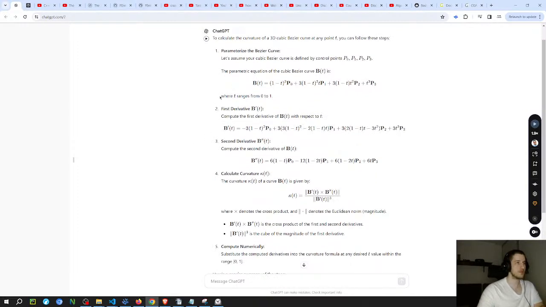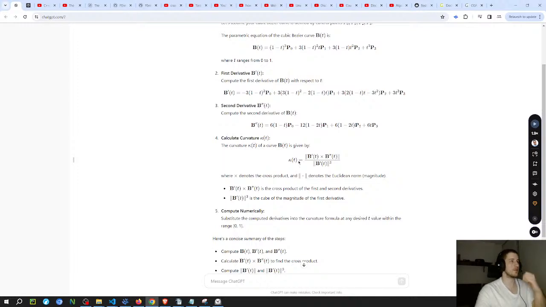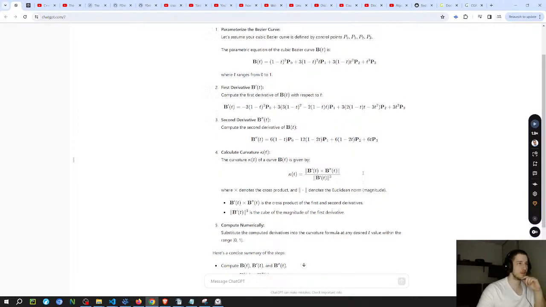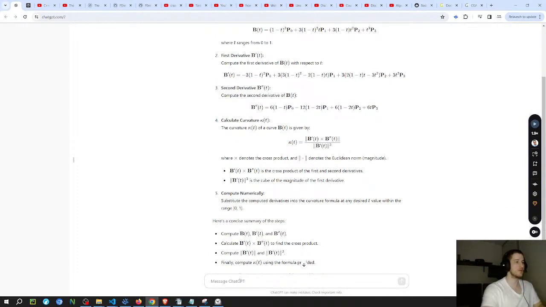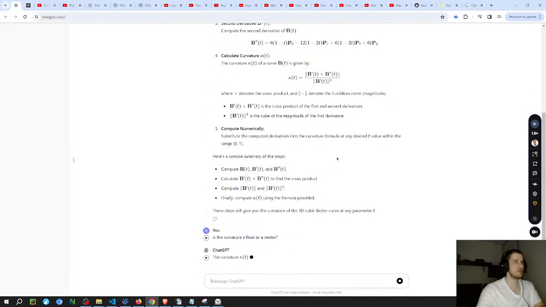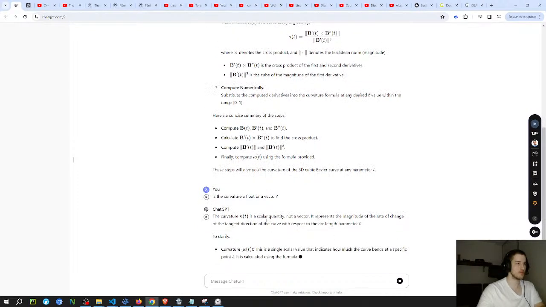Blah, blah. First derivative, second derivative. Yeah, so it's giving the definition of the curvature, but it's not saying the determinant, which is interesting. So is the curvature a scalar?